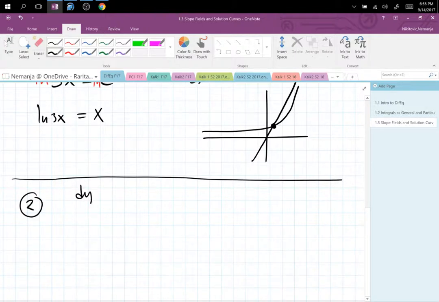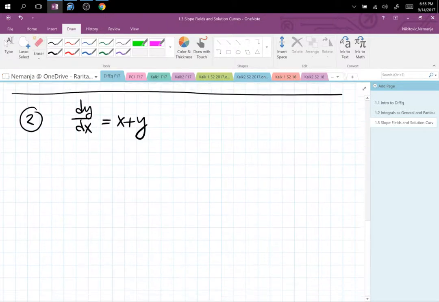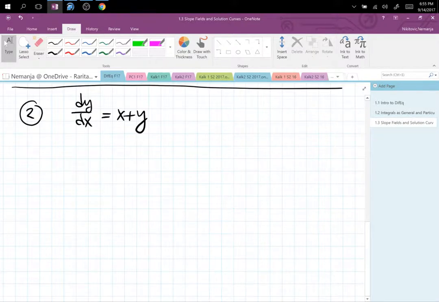It says dy over dx is equal to x plus y. So there we go. Now, I don't really want to use what they have in the textbook. I want to generate this on my own completely.